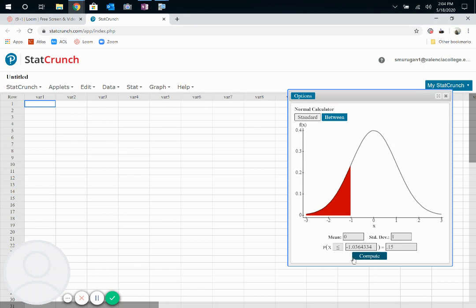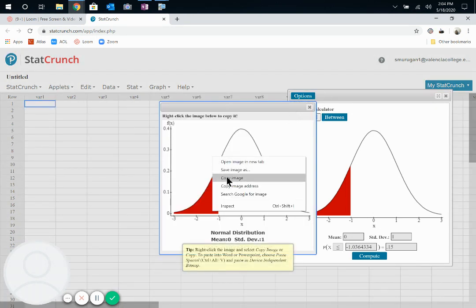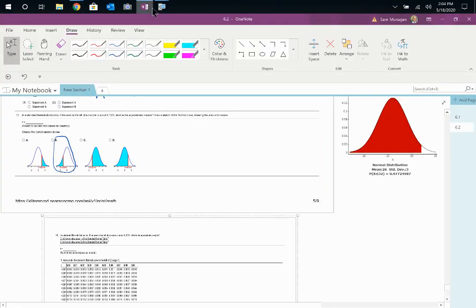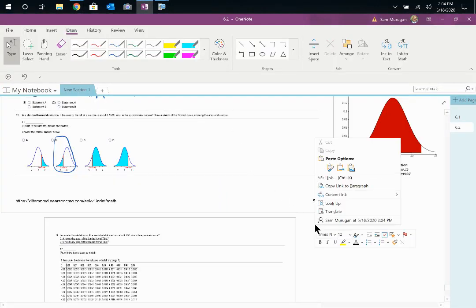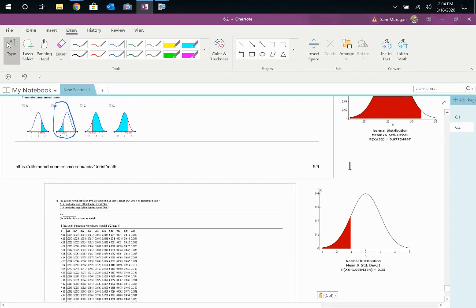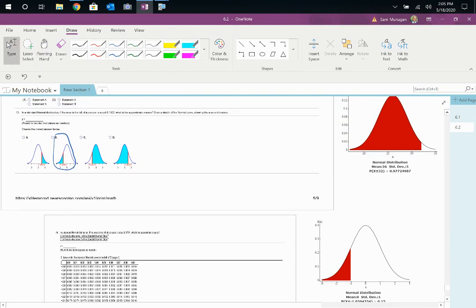So this gives me negative 1.04 as the solution, as the z-score, because I used the inverse norm. Okay. Negative 1.04, to 2 decimal places.